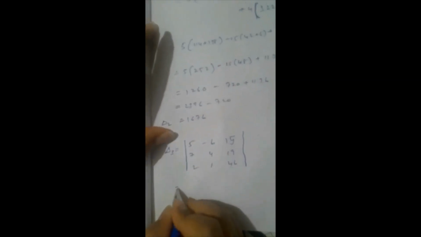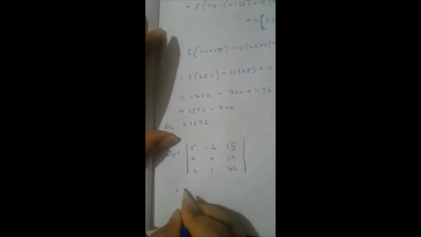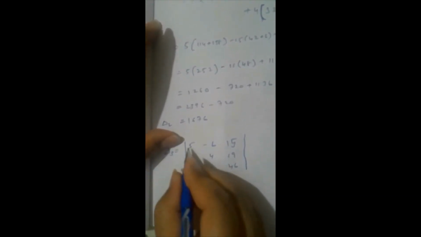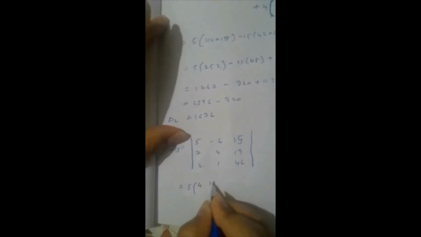Determinant of this matrix. Once again we will find the determinant with respect to this row. The first element is 5 as it is. Next, if we remove this and this, we are left with 4, 19, 1, 46.